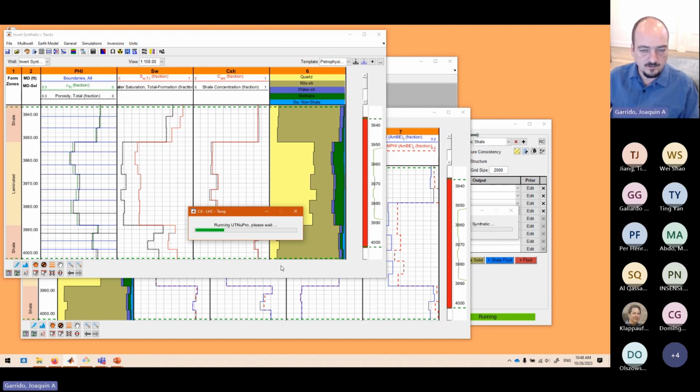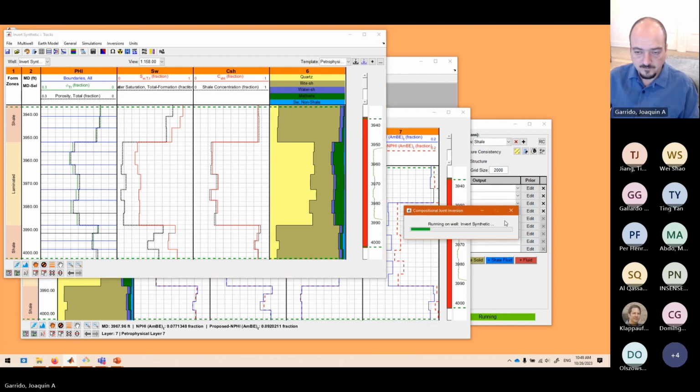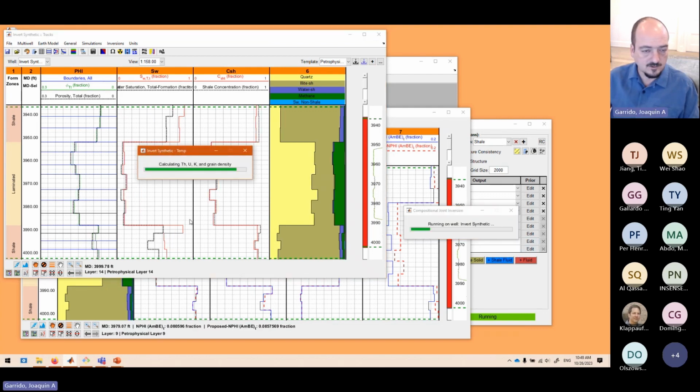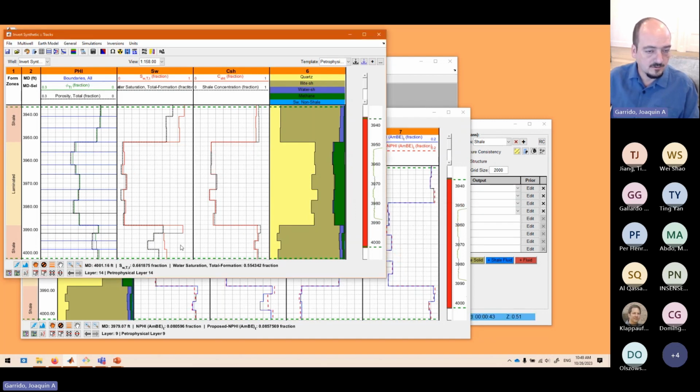It's running UT New Pro in this case. It takes about 30 seconds or so to get the final results. Still, you can see these are the results that we got. The water saturation is a lot better. There are some cases where it's not great, but it's okay. We got a better match than we had.